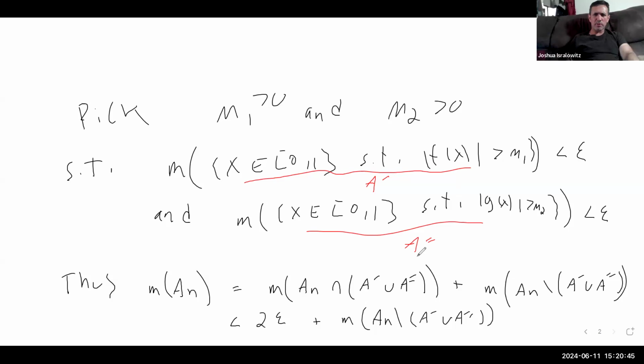Everything's measurable here. So intersect the union and then take away the union. No problem. Even if things weren't measurable, you could actually just use subadditivity, but okay.